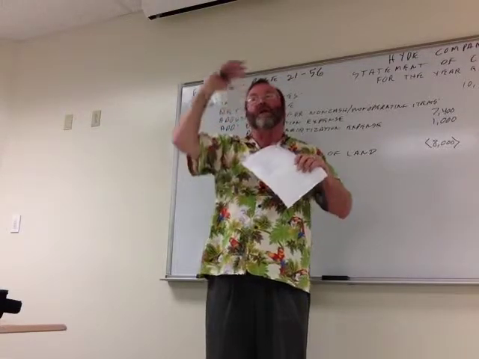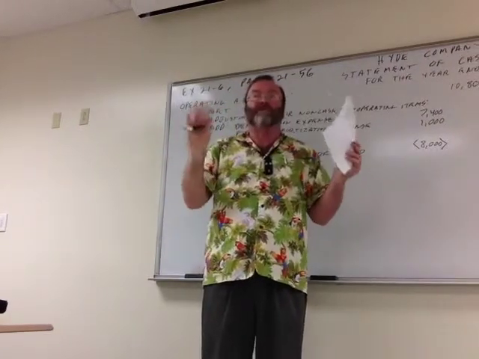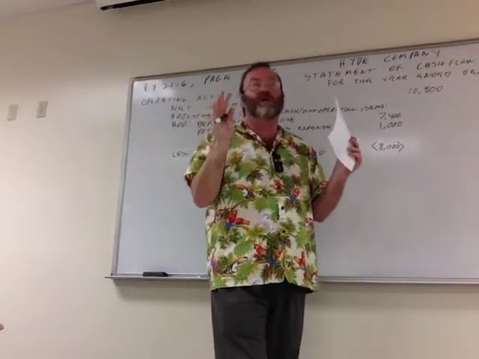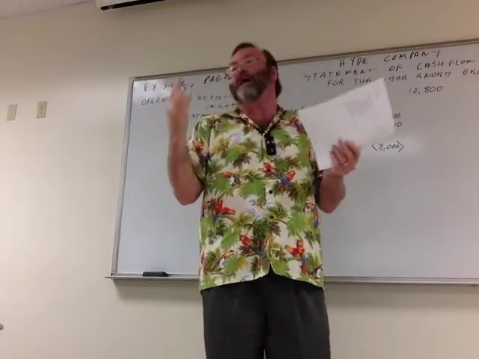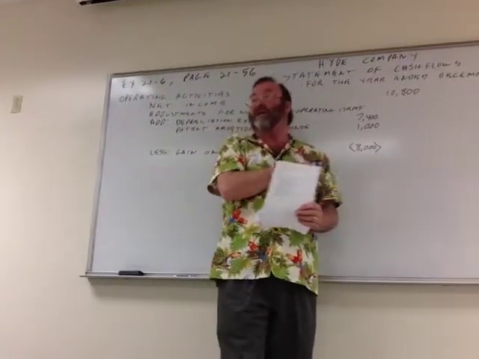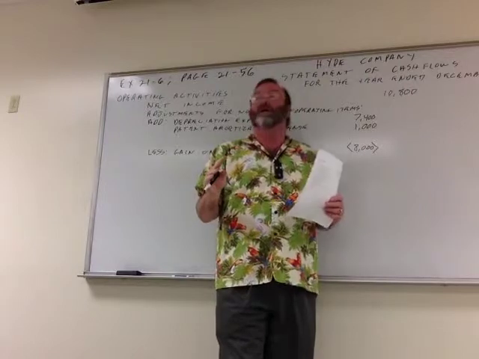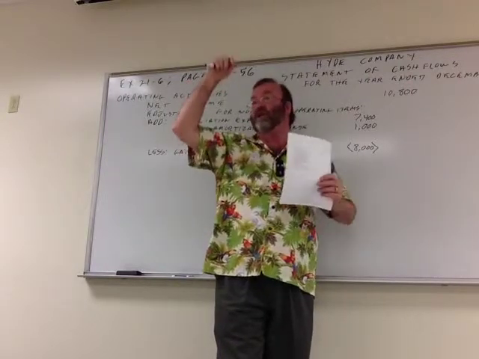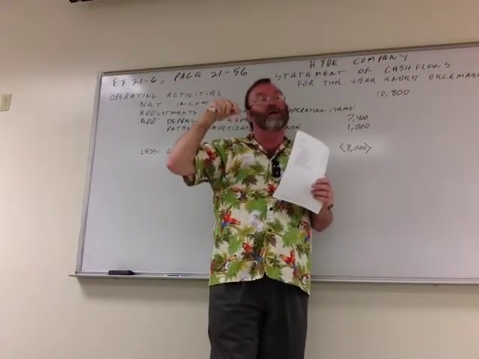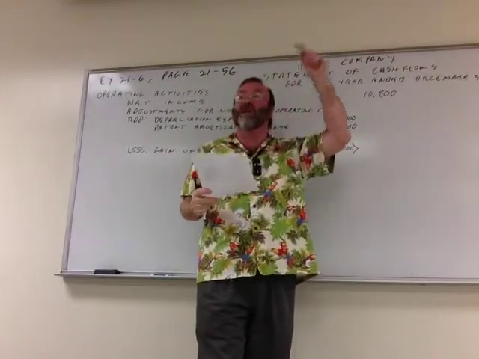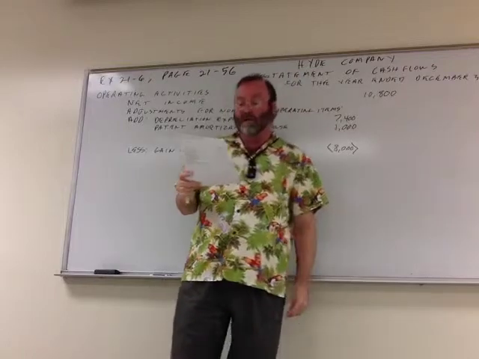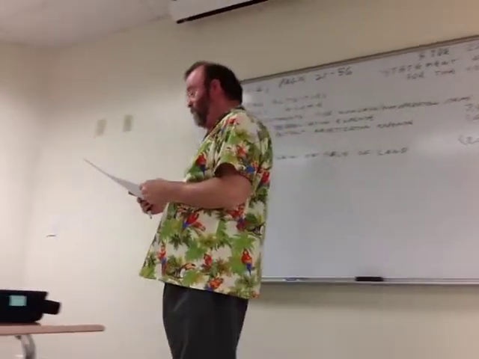It lowered it without having to spend any cash because you got the cash up front when you received the bond. And issuing bonds is a financing activity, not an operating activity. So this is artificially lowering the interest expense, which, interest expense lowers net income.